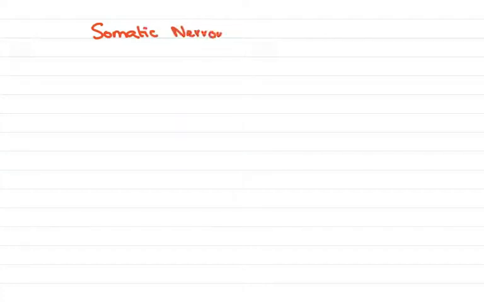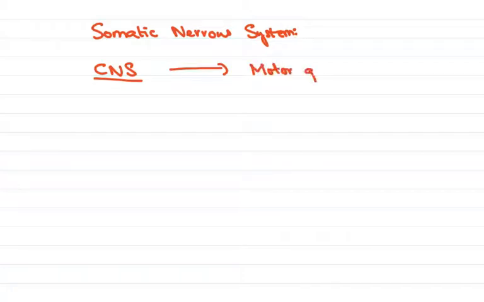The somatic nervous system is basically all of those nerve fibers that carry information from the central nervous system, so basically the spinal cord and the brain, to all of these different motor glands, to these joints, to the skin.